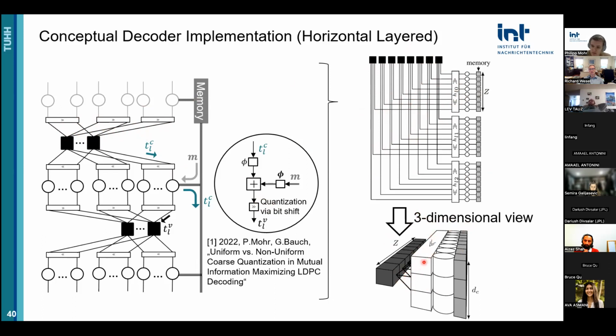And in this way, we have now a model to make estimates on the complexity of the full decoder, because the routing network's complexity lies fully within the barrel shifting unit here. And then we have also some complexity at the check nodes and the variable nodes.